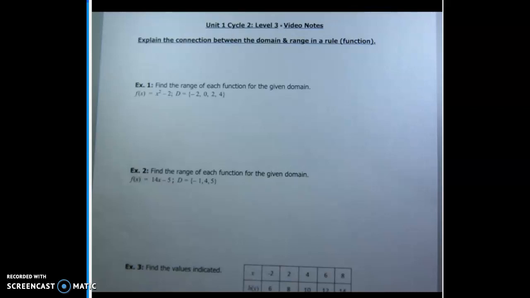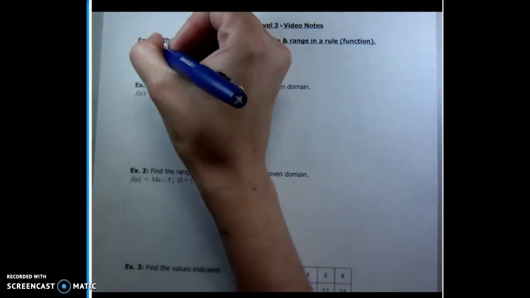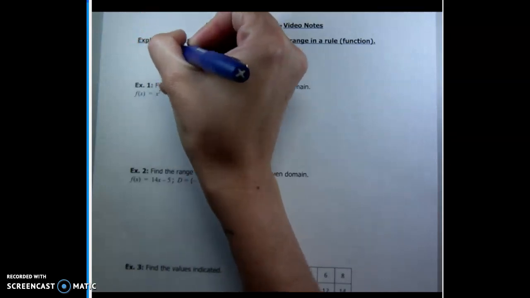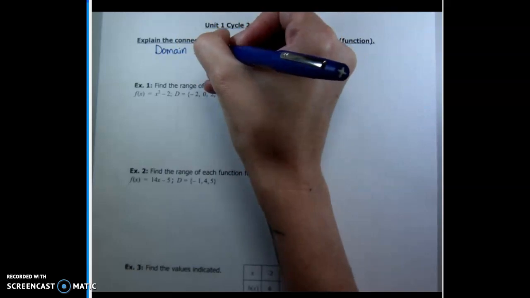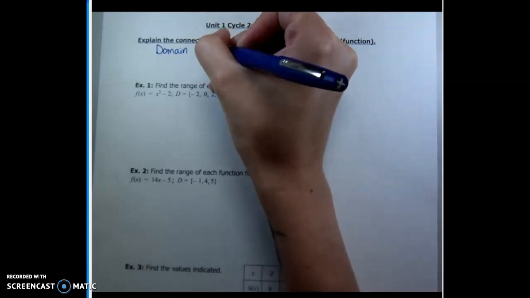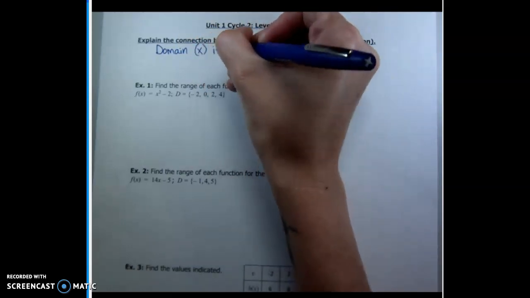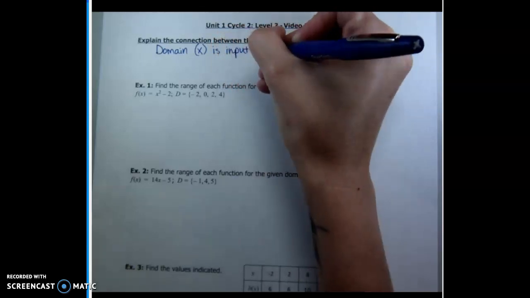Okay, the first thing we're going to do is explain the connection between the domain and range in a rule or a function. The domain is the input values. So the domain are the x values. Domain is input values.